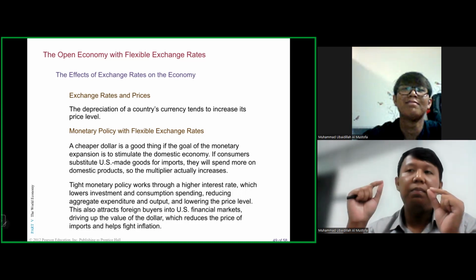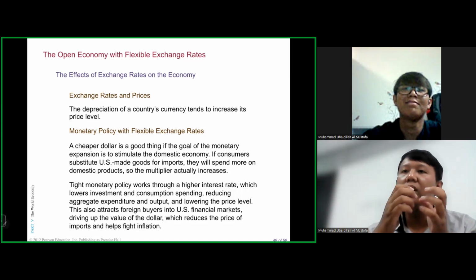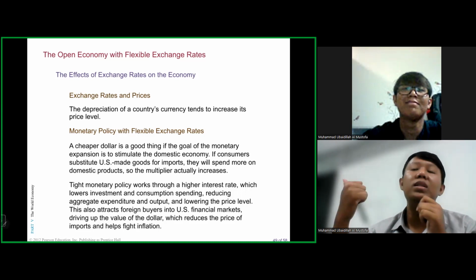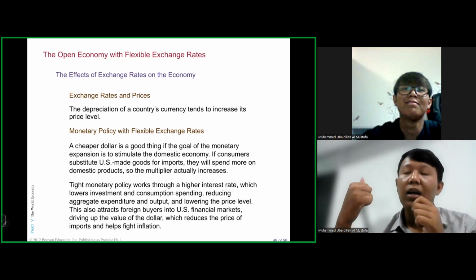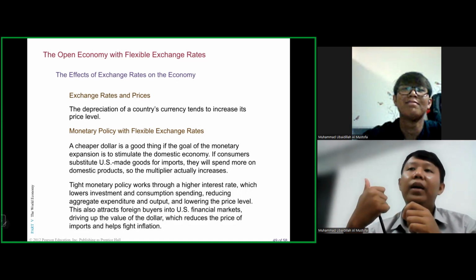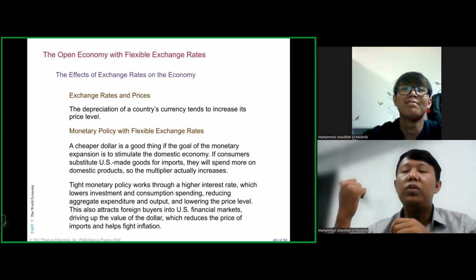We can explain it this way: if we have a depreciation in our local currency, our exports will increase, and this will increase the income level of the country. So the GDP will increase, and at the same time our consumption will also increase.